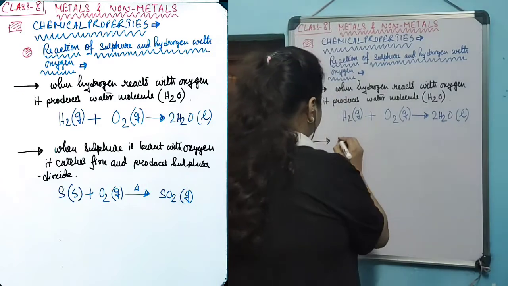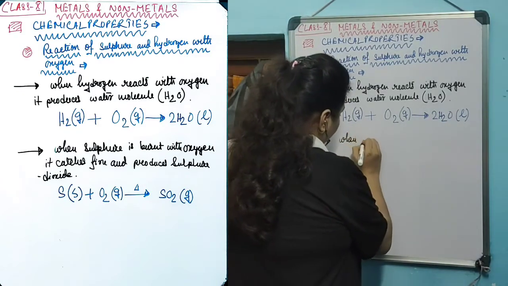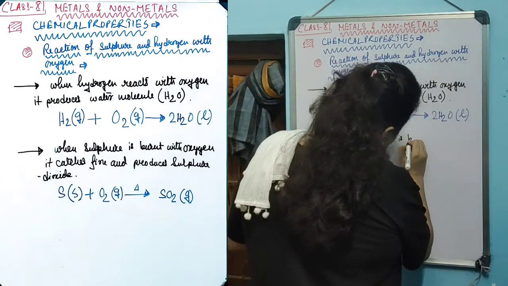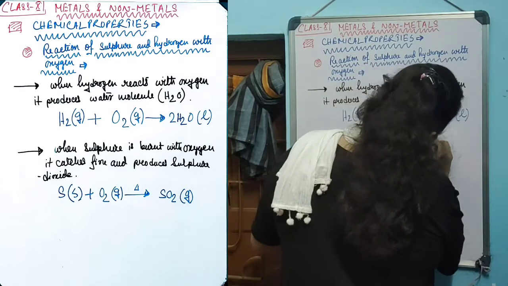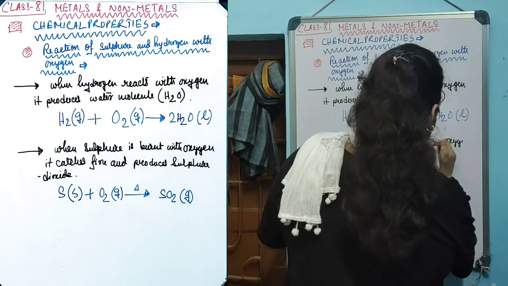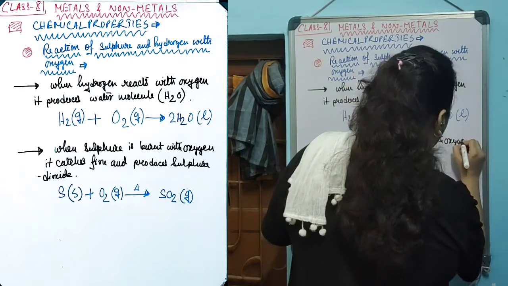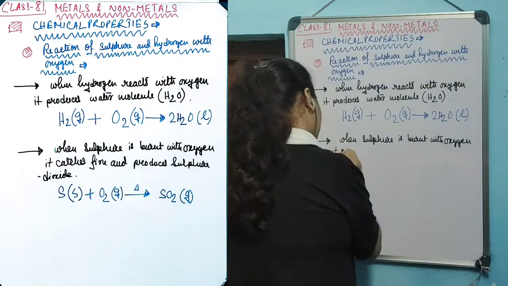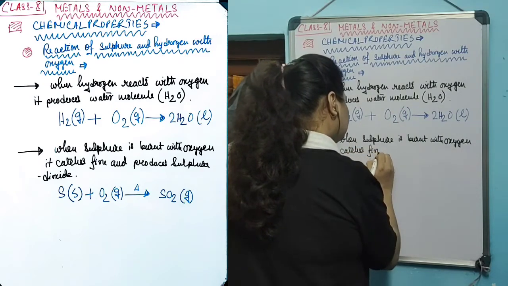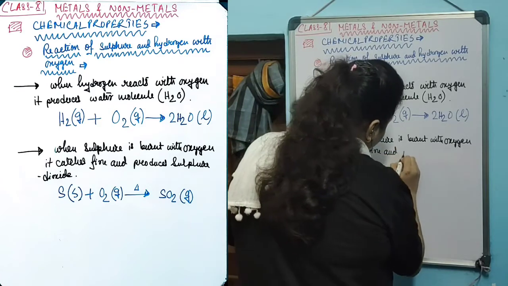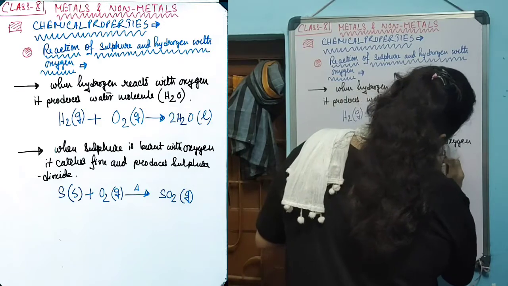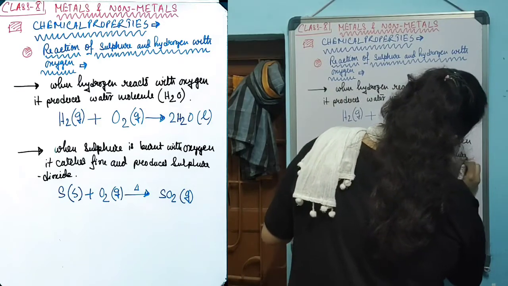The reaction is: when sulfur is burned in oxygen, it catches fire and produces sulfur dioxide.